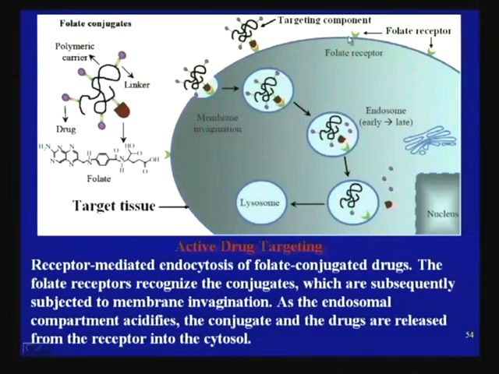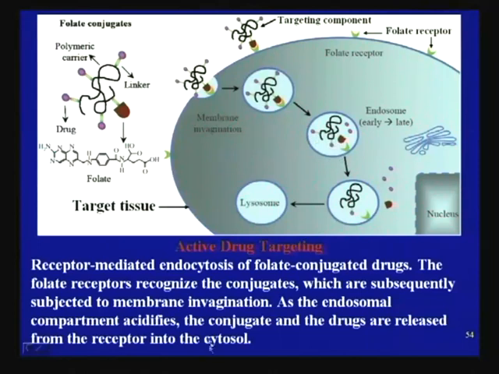These are only symbolizing; this looks like a receptor to which this will be attached. Here you see it fits the size and shape. So, this is membrane invagination of the system, it comes inside, fits to this, and then within this region, if there is some acidity, here you see the endosomal compartment.